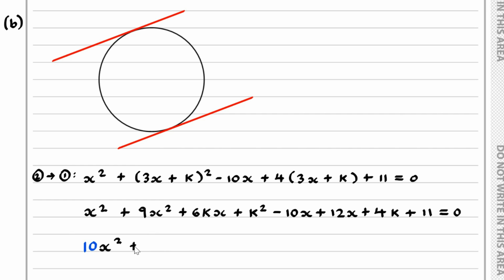In terms of the x's, we have 6k minus 10 plus 12, so here we would have (6k plus 2) x's, and then we add on, in terms of the numbers, k squared plus 4k plus 11, and all of this is equal to 0.